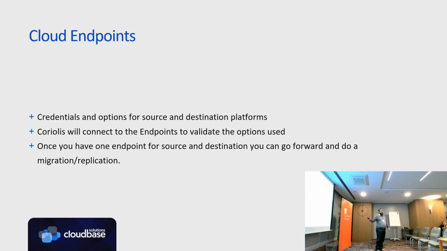These will be saved in Coriolis, and they will be saved in Barbican encrypted. Coriolis will validate them once we have provided the details to check that they're safe to use. It will do a basic check of all of the endpoints provided to ensure that it will then be able to create migrations and replicas based on that endpoint, whether it be source or destination.